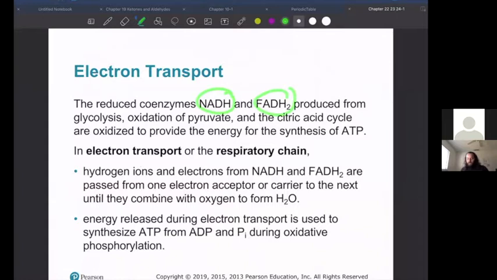The electron transport chain is all about converting those coenzymes into ATP, all right? So we're going to see that these reduced coenzymes, the hydrogen ions and electrons from those molecules, are passed through this electron transport chain through a series of enzymes. It's going to consume oxygen in the process, and we're going to generate ATP.